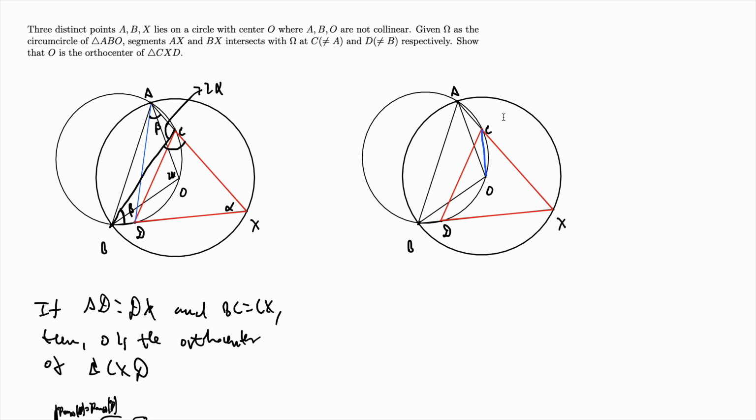They use the interesting property that I think I introduced last video. So if we call this theta, we know that this is 180 minus theta, this is cyclic, so this is also theta. So ABOC is cyclic, so 180 minus theta and theta. That is true, that is correct.